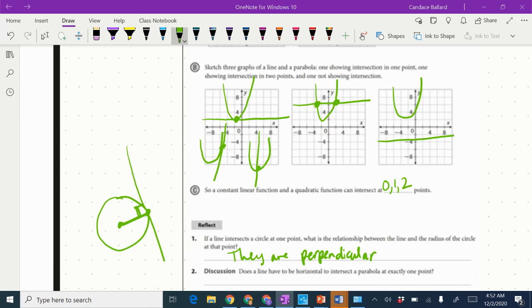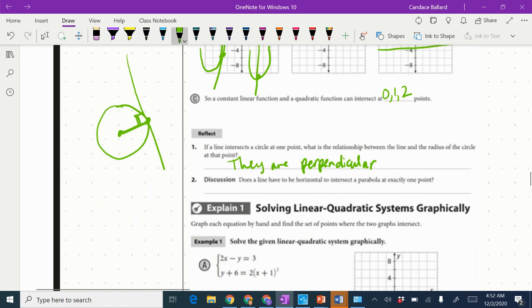It could look like a line that has some slope to it, or it could look like a line that is undefined. So I would say no. You can draw a line with a slope or vertical.